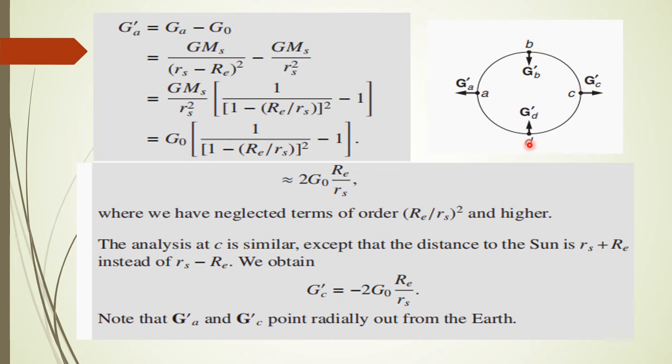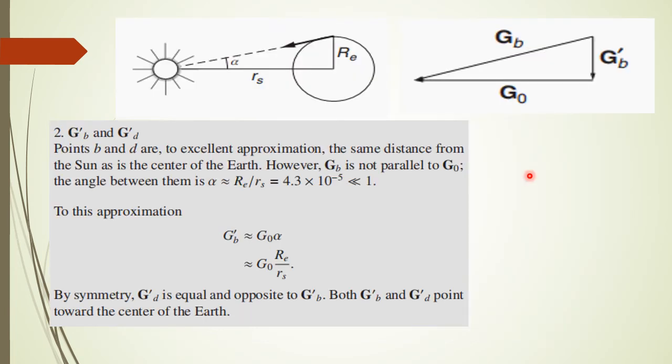Now what about B and D? In order to find the acceleration at points B and D, we take the approximation that they are at the same distance from the Sun. We take the small angle which is equal to alpha.